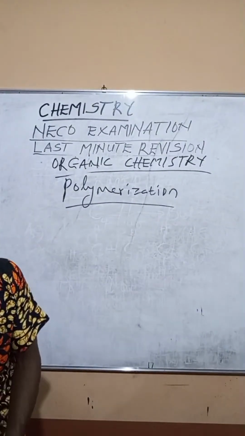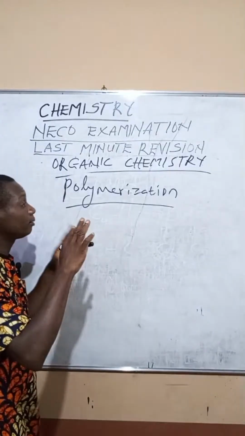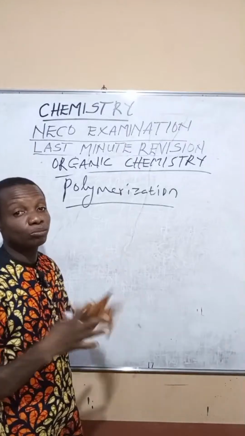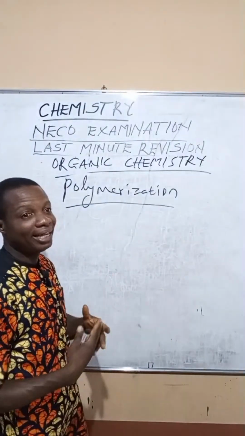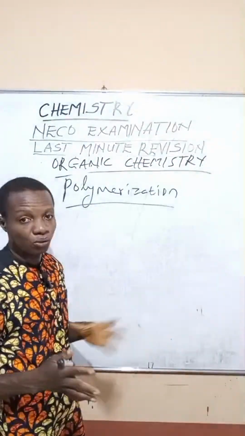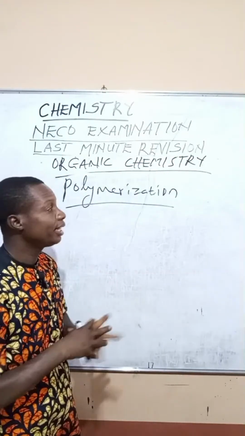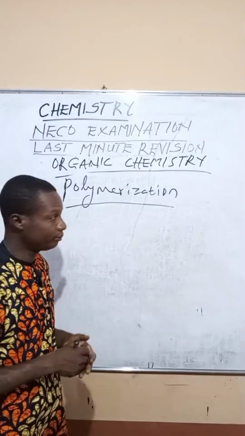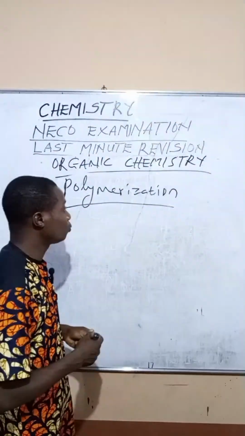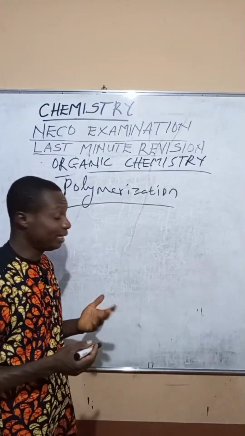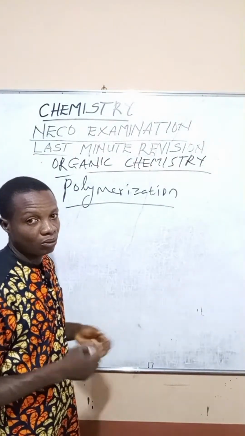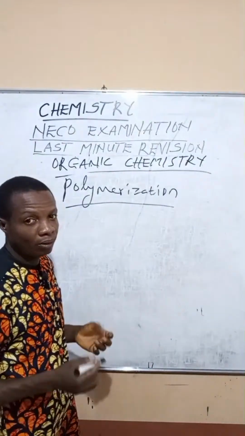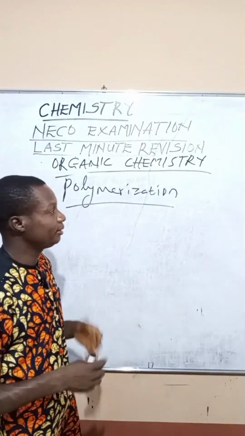Very important. Polymers are gigantic molecules, and they are usually formed when smaller, lighter, less massive molecules combine together. Then they form gigantic molecules. Like rubber is a polymer, plastics are polymers. So for instance, polythene is formed by ethene reacting together.